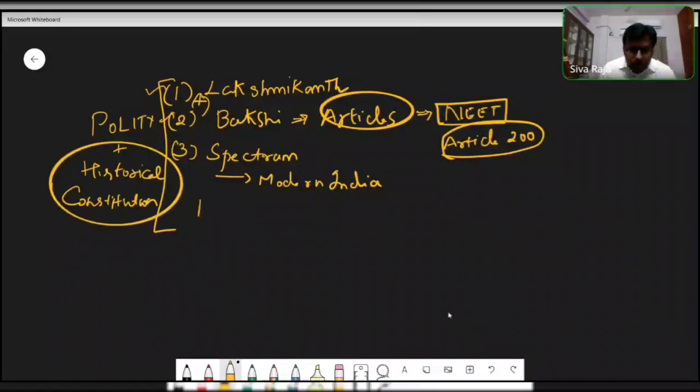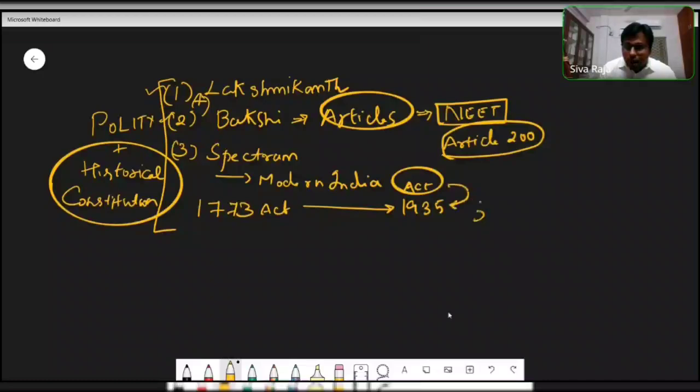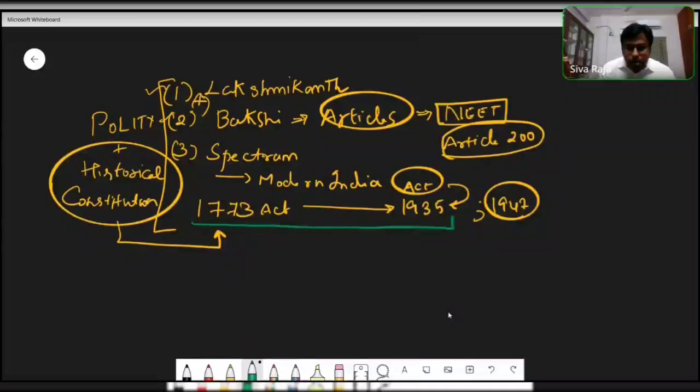Historical understanding means from the 1773 Act till the Act of 1935, which is very, very important. You can add 1947 also, but that can be included in some other portion. Basically, the historical understanding of the Constitution means from 1773 to 1935.